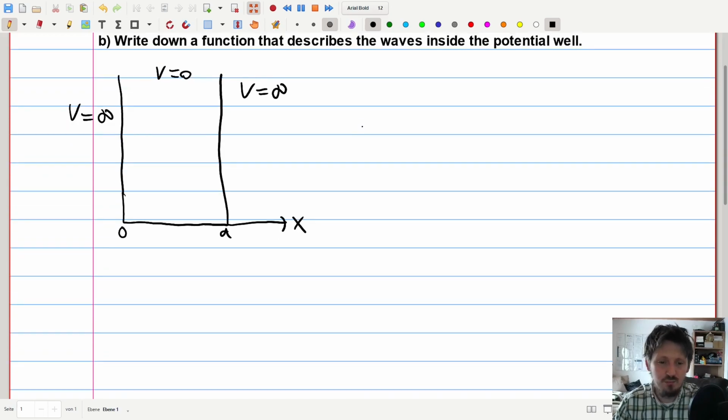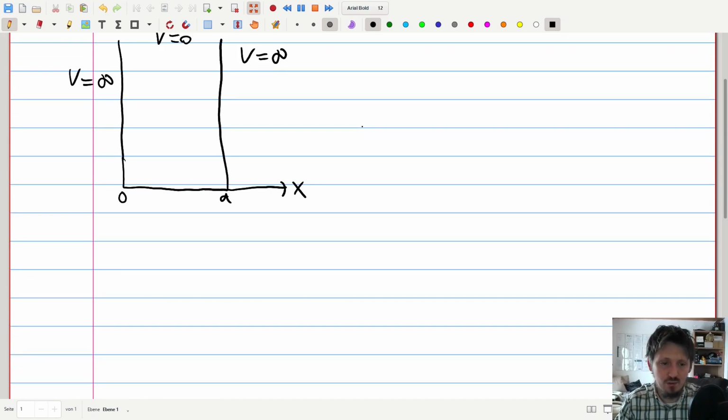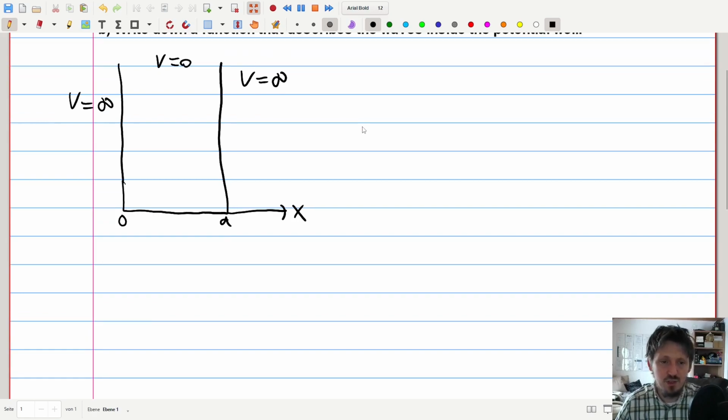And now the first thing which we can do, we have to write down the Schrödinger equation. So I don't want to write down the full one, because this is maybe a little bit too complicated. But we know already that we have a one-dimensional problem, and that we have a zero potential here inside this potential well. We don't have a time dependency.